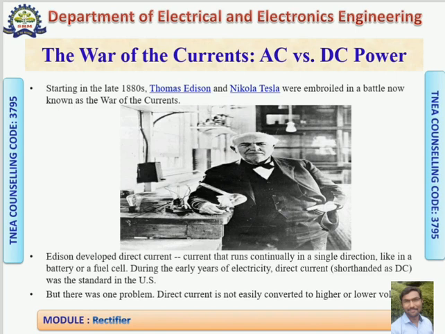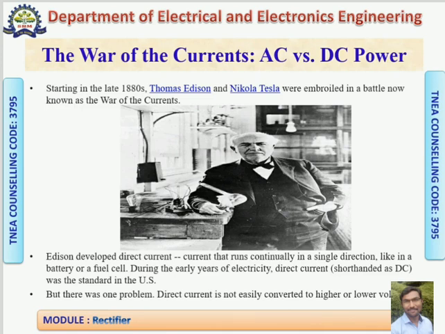During the early years of electricity, direct current, shortly known as DC, was the standard in the United States. But there was one problem.